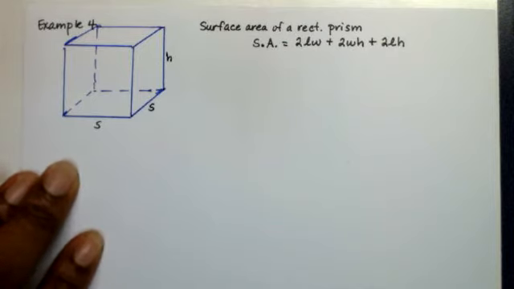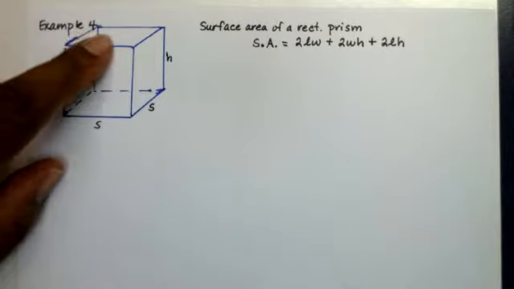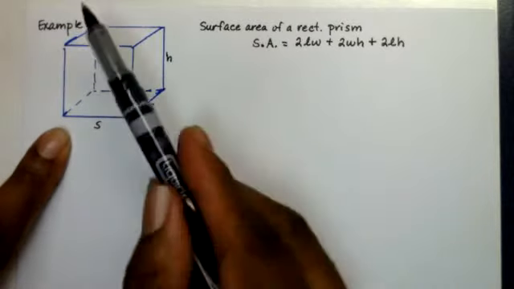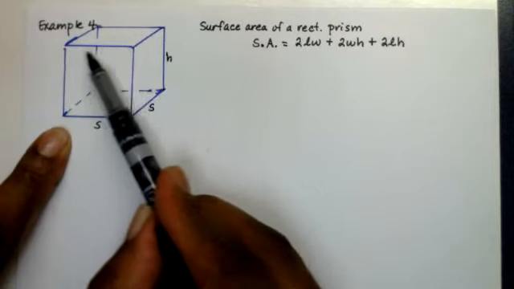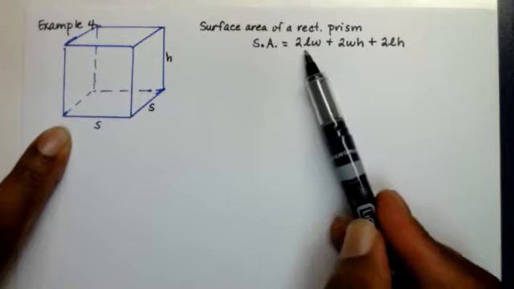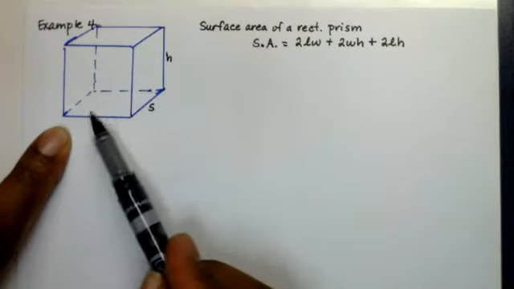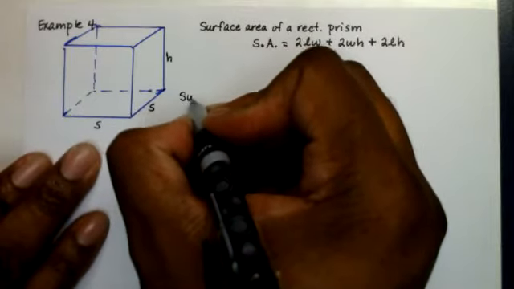And I also need to mention something else. It does say an open top. That means we're not going to include the area of the top, okay? Which is, of course, length times width. So we're only going to be dealing with one of the lengths times the width, which is just the one on the bottom.